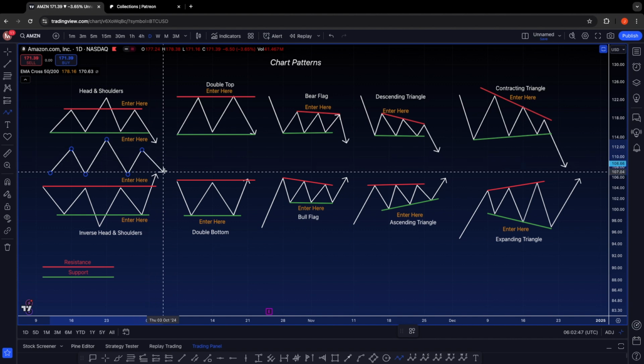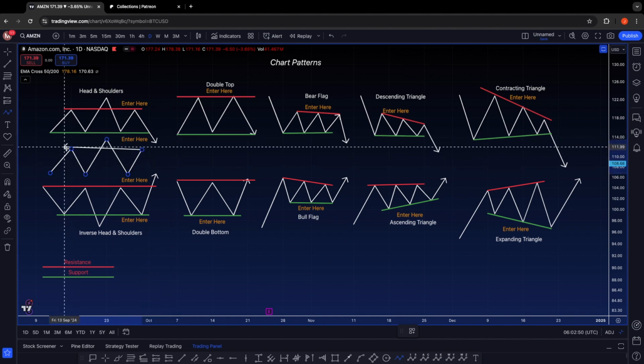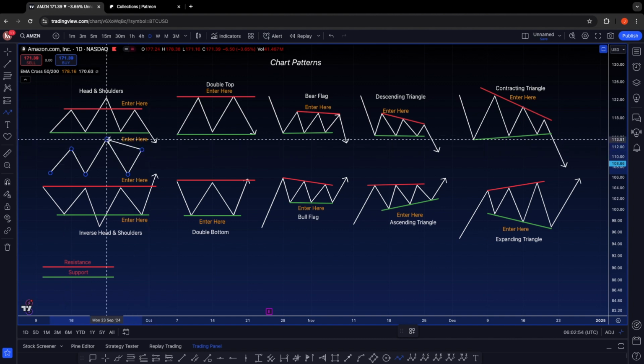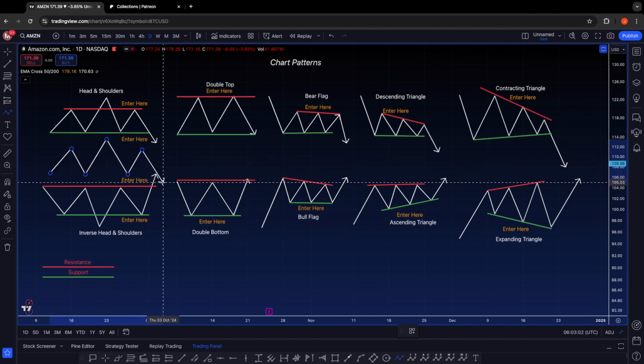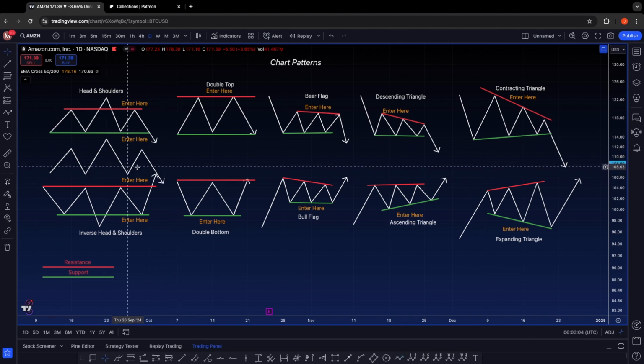And what comes next? Our right shoulder. So it's just two areas of resistance meeting without trading above the head. Our shoulders cannot go above our head, at least to my knowledge. And what do we do here? We come and we trade past that neckline.